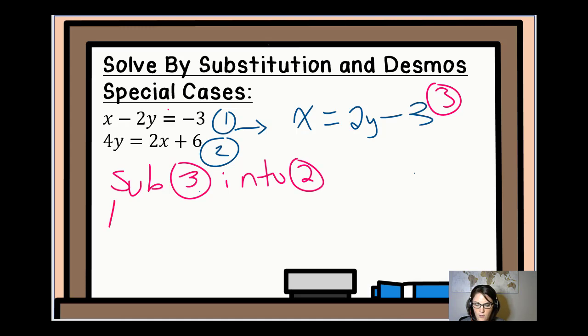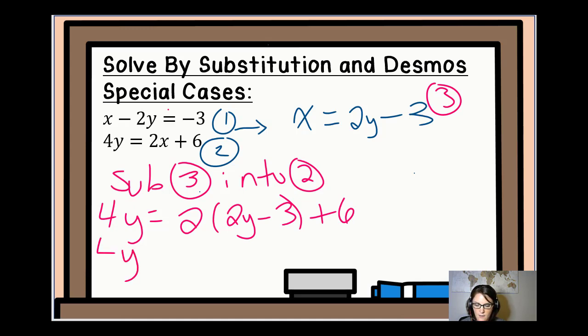So 4y equals 2 times (2y minus 3) plus 6. So 4y equals 4y minus 6 plus 6.